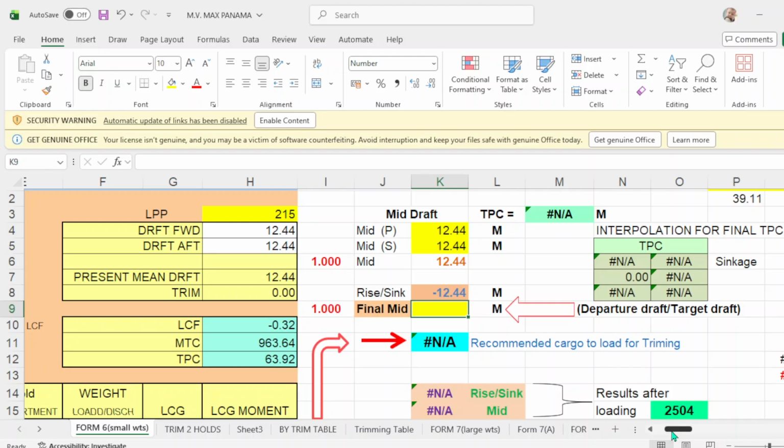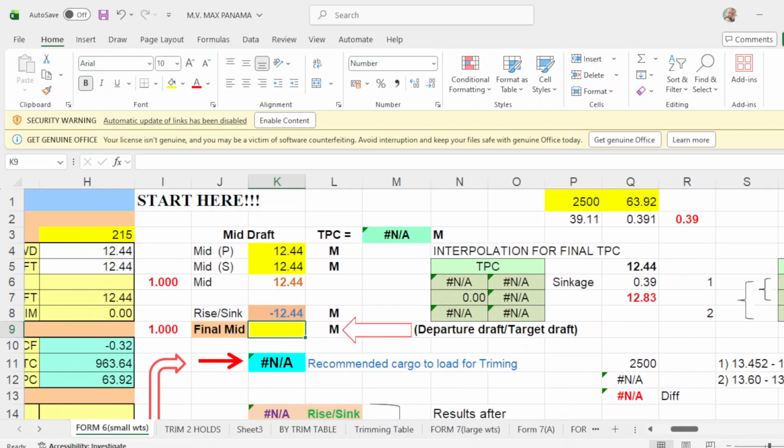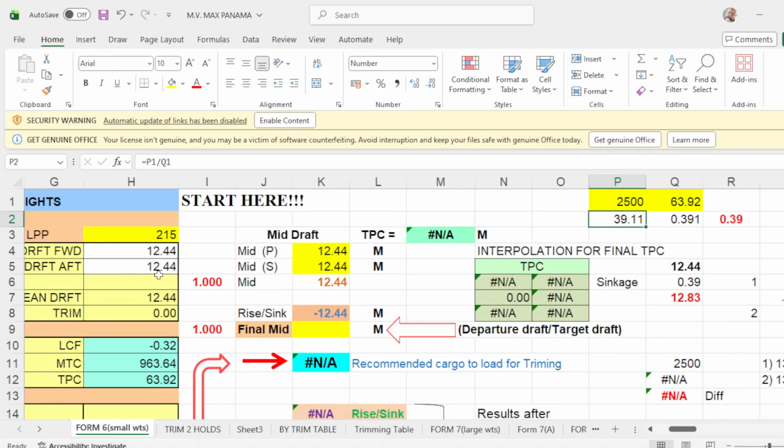For example, we are to trim our cargo, weight to trim in 2 holds will be 2,500. So you put here 2,500, and take note that the initial draft, your TPC is 63.92. So I put here the TPC of your initial draft is 63.92.